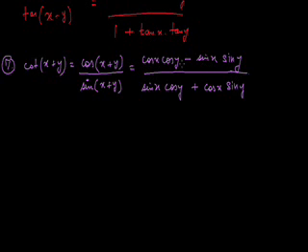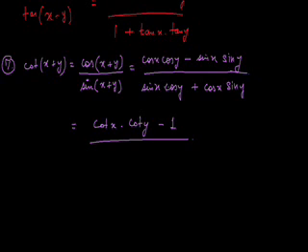Now to obtain everything in terms of cot, we will divide numerator and denominator by sin x sin y. After doing this, you will get sin x and sin y in the denominator. So cos x upon sin x will become cot x and cos y upon sin y will become cot y. Now if we divide this term by sin x sin y, it will be 1 only.